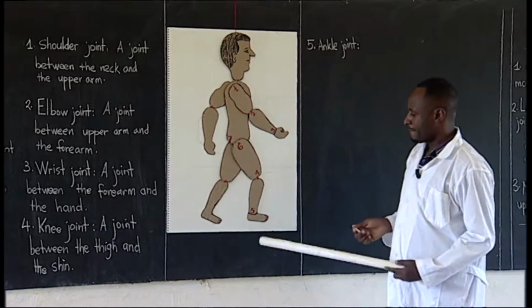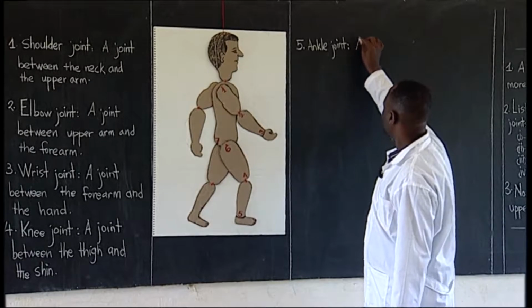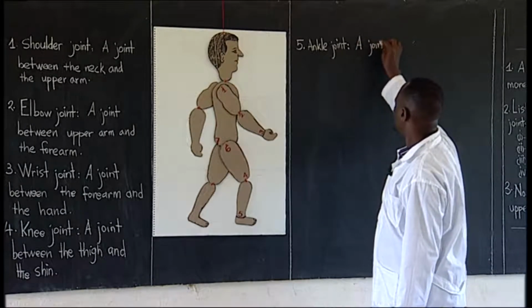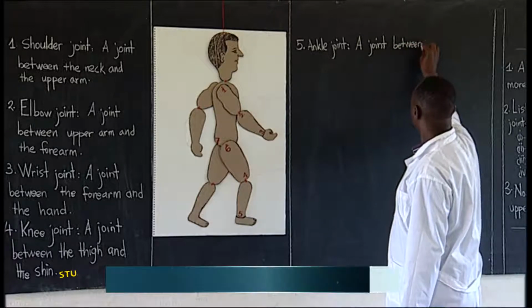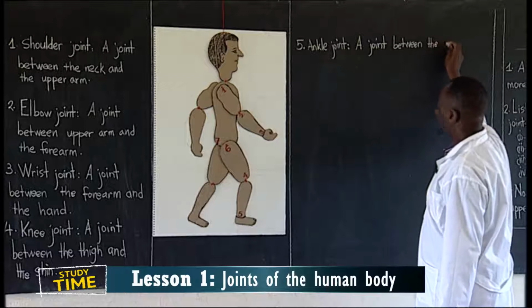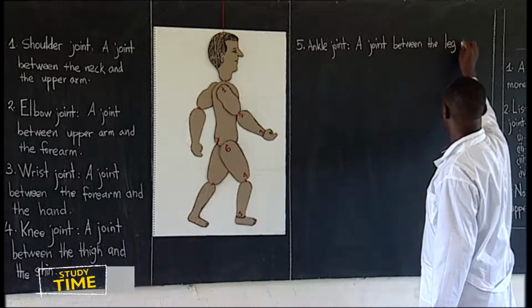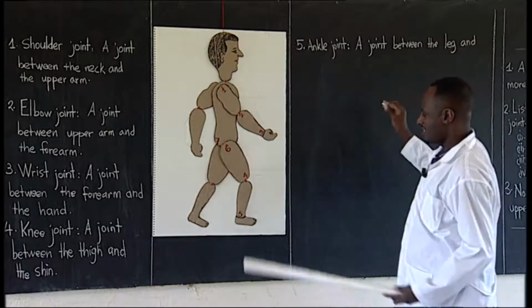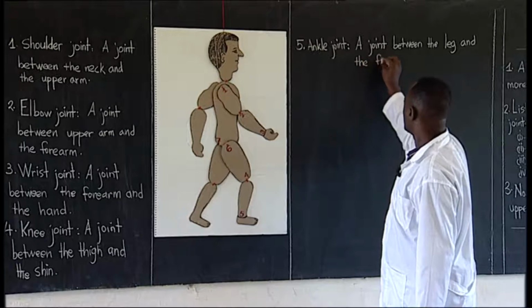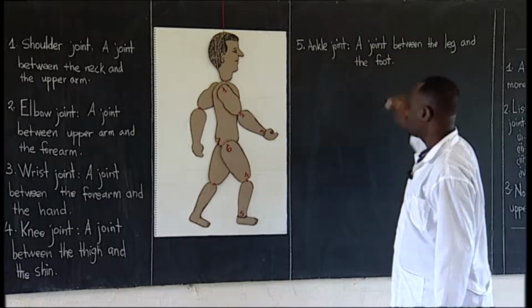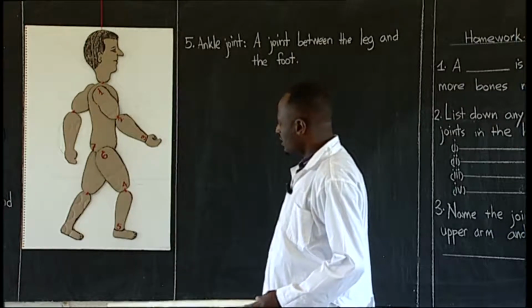This one is a joint between the leg and the foot. The joint between the leg and the foot is the ankle joint.